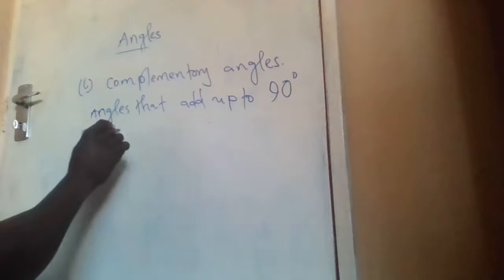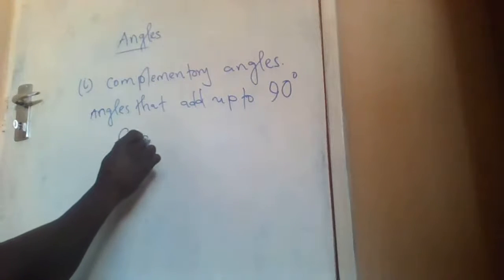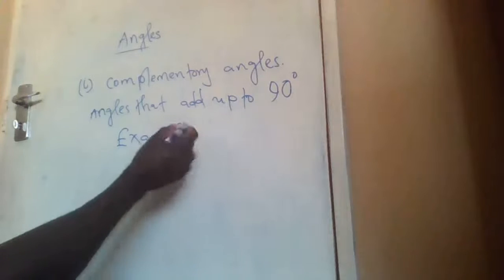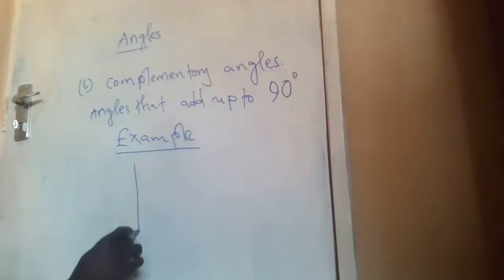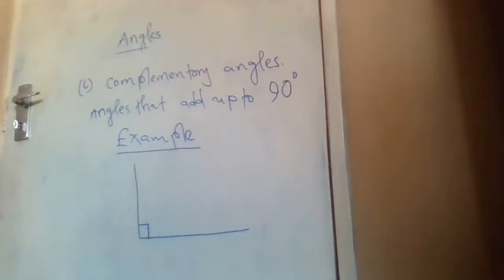Okay, so maybe let's look at an example. I'll just be giving one example each, unless otherwise. So we can look at this, and most of the times they put that as a symbol for 90 degrees.